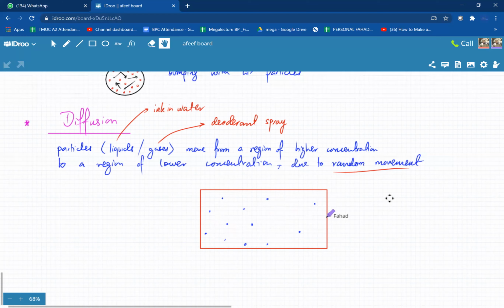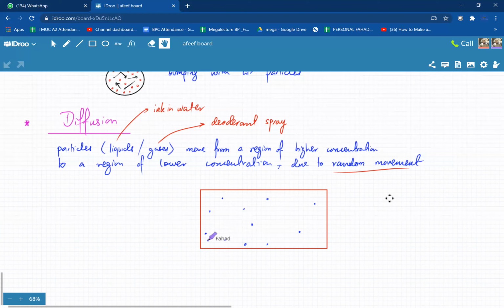What they're basically doing is spreading out. They're not going to stay confined. It's like you have things that are moving very fast, and you put them in one corner. Eventually, they're going to travel and just occupy the whole thing. So that is what is happening. It's random movement or Brownian motion. Even if there is no air, the particles would still travel in straight lines.